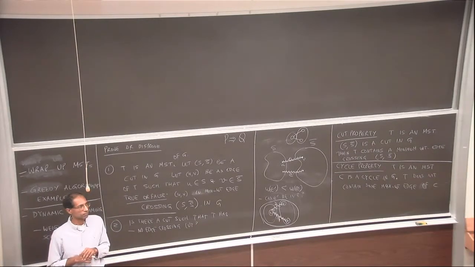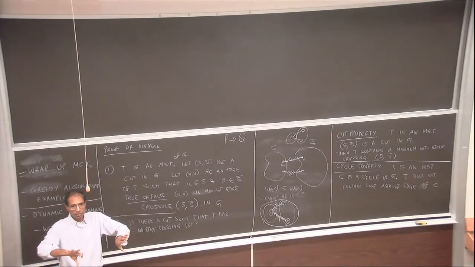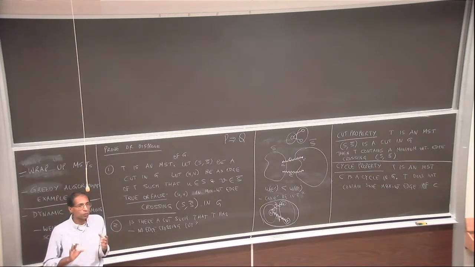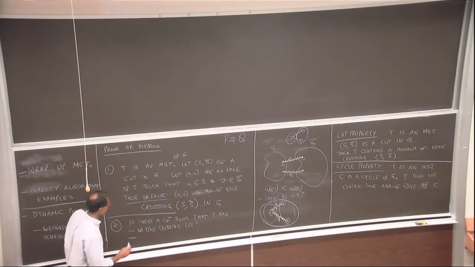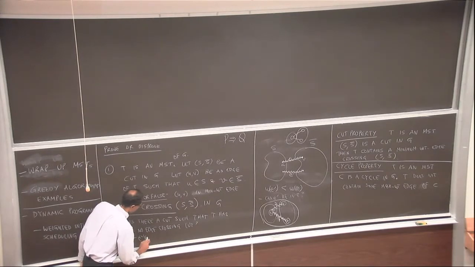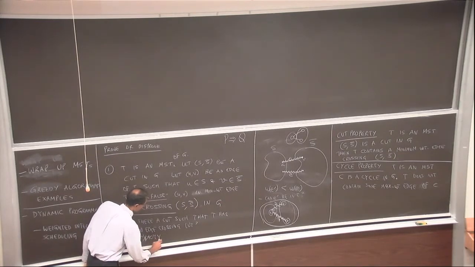No. Because if T had no edges crossing the cut, then T would not be connecting things from here to here. This is, by the way, nothing to do with minimum spanning tree. All it has got to do with is spanning tree. If a spanning tree has to cover everybody, it has to have edges crossing the cut. Is there a cut such that T has exactly one edge crossing the cut?